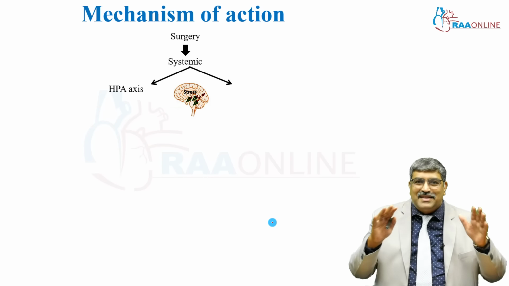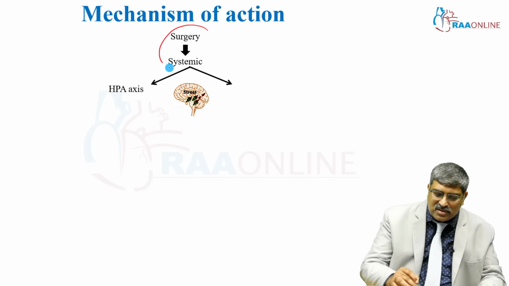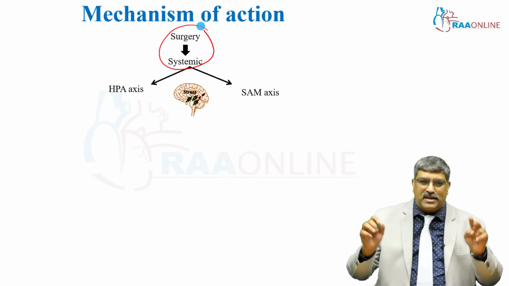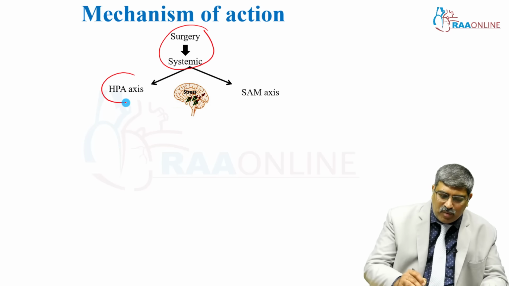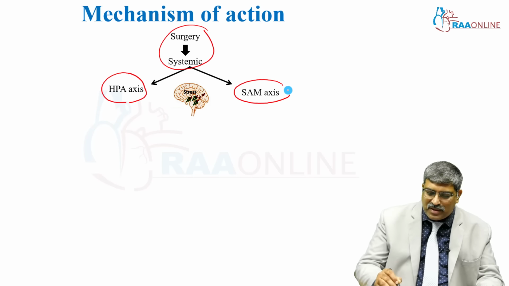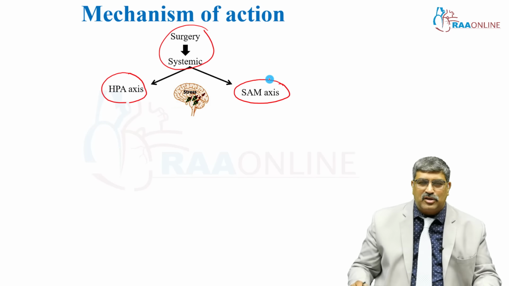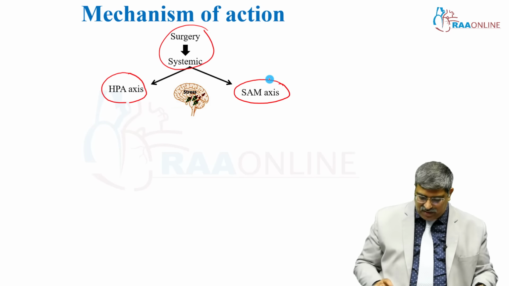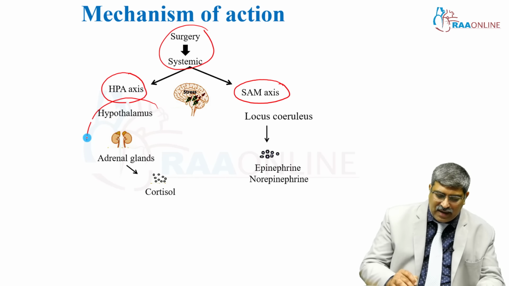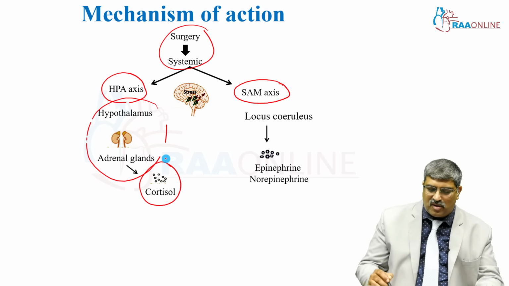Now coming to the systemic effect. When you have a surgery, the stress of surgery activates two axes. One is the hypothalamo-pituitary axis, another is the sympathetic adrenomedullary axis. Two axes are being activated. The hypothalamus pituitary axis will stimulate the adrenal gland and release cortisol.